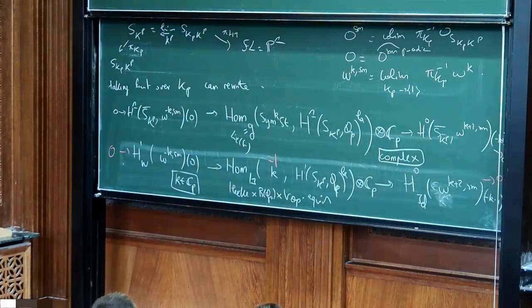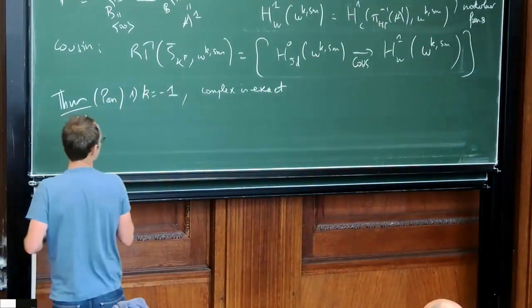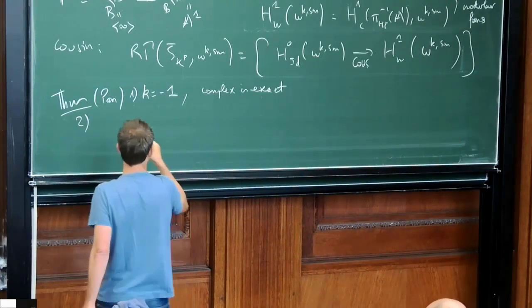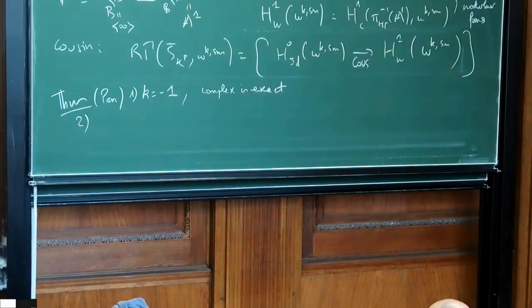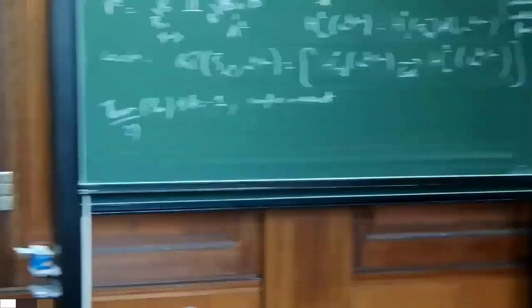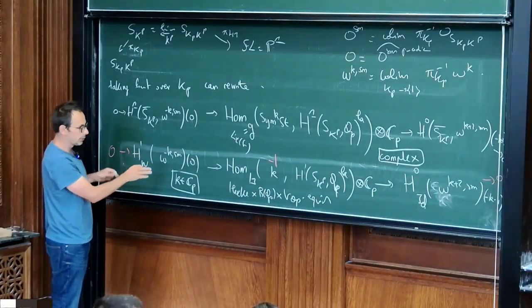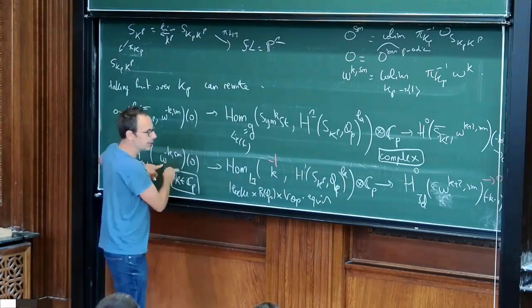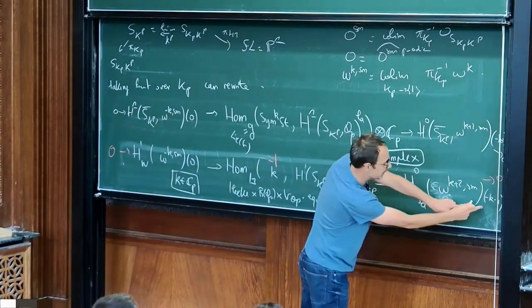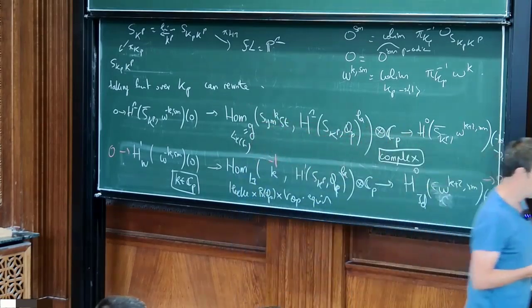Okay, so that's one thing. But the second thing is that there is a Galois action, and so there is a Sen operator there. When k is -1, the Sen operator is going to be nilpotent, because the Sen operator is trivial on this side, and it's also trivial on this side because k is -1. So you have a nilpotent Sen operator.